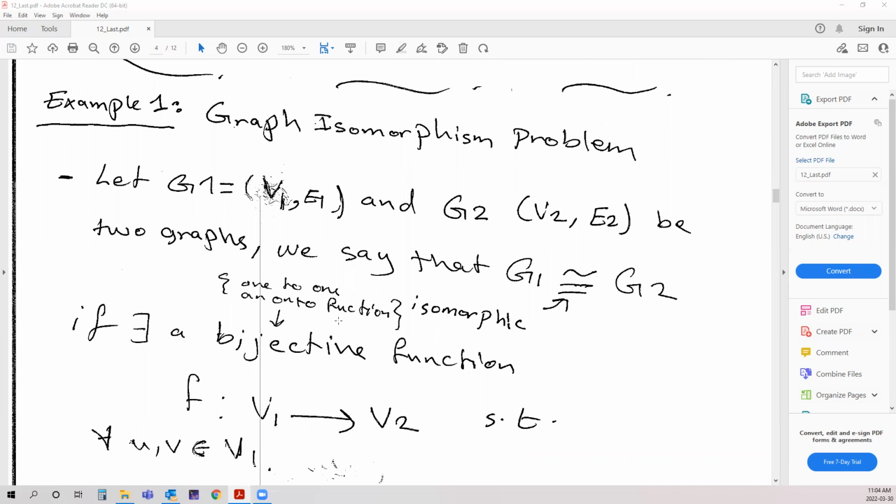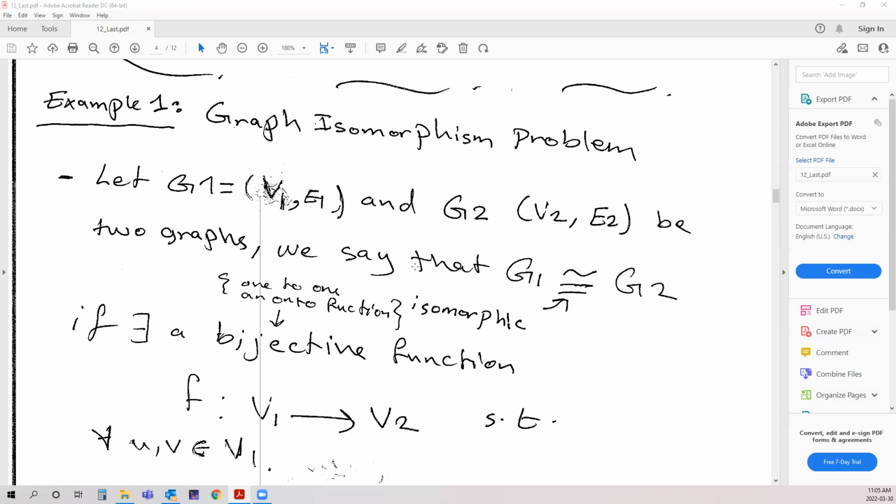Example 1, the graph isomorphism problem. If you want to read about this problem, you can go and see Wikipedia. So let G1 be a graph with vertices and edges V1 and E1, and G2 a graph with V2 and E2.